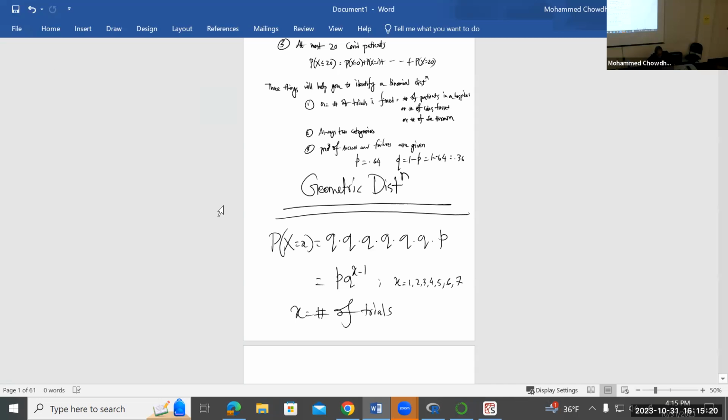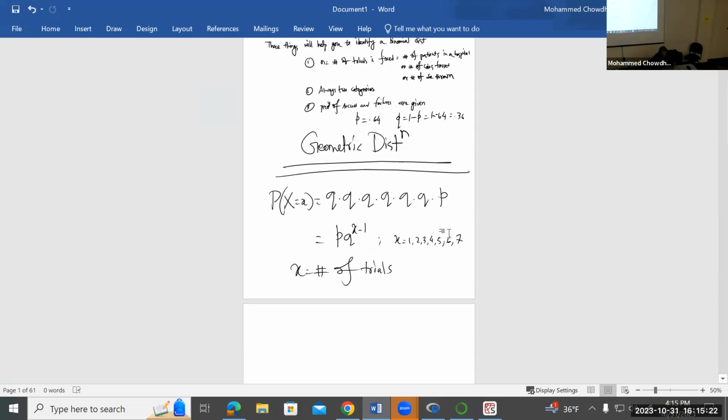Okay, this is written that way. And the geometric distribution can also be written as X equal to x: Q, Q, Q, Q, Q, P. It could be written as P Q to the power x.